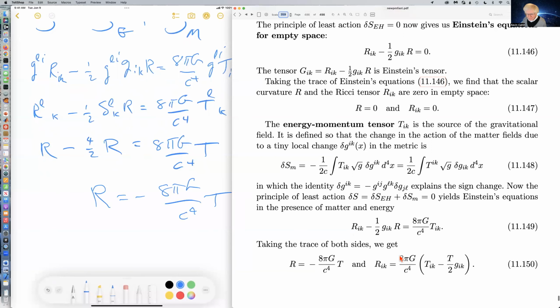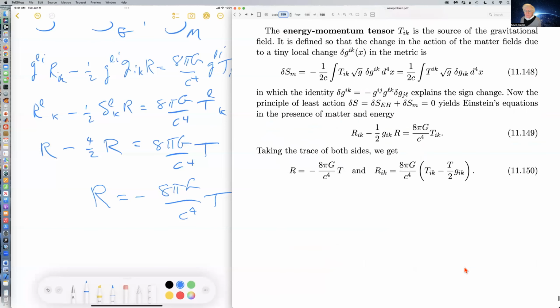And on the other hand, we can then rewrite this as R_{IK} is this, which is that, but then we have this minus a half g_{IK} R, but we've seen that R is minus 8 pi G over c to the fourth T, so you get this second term there.